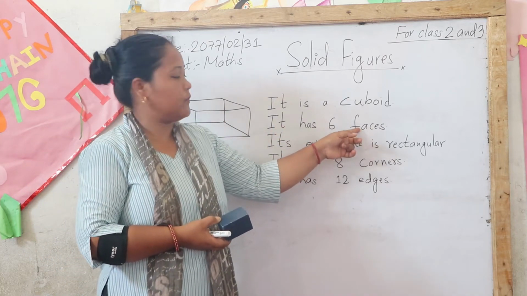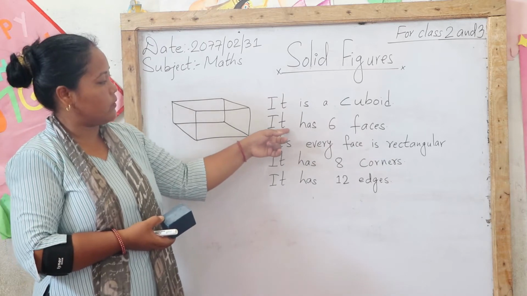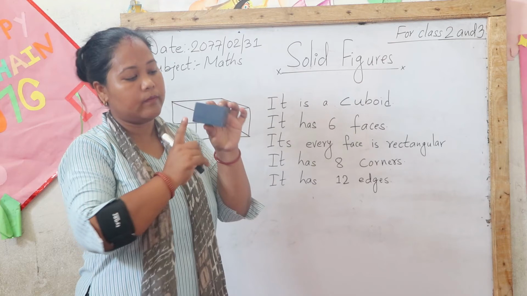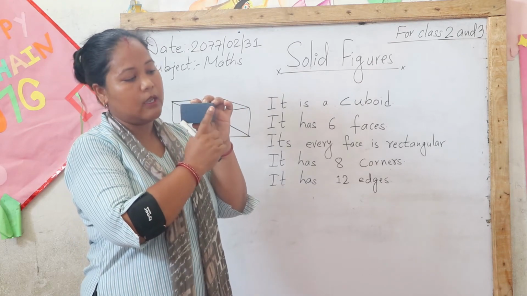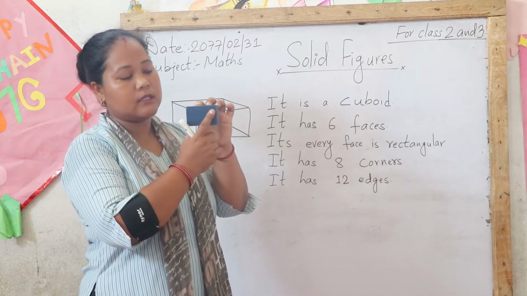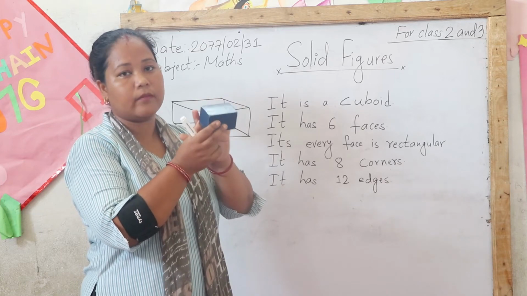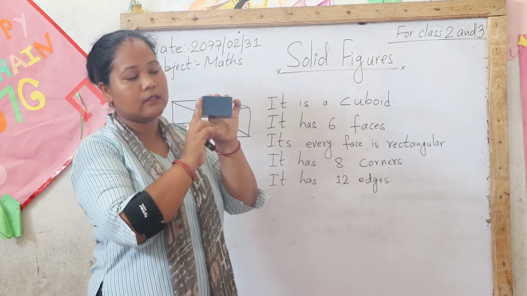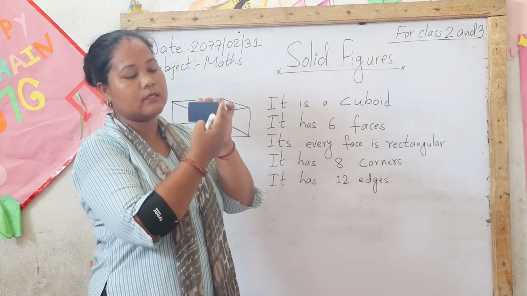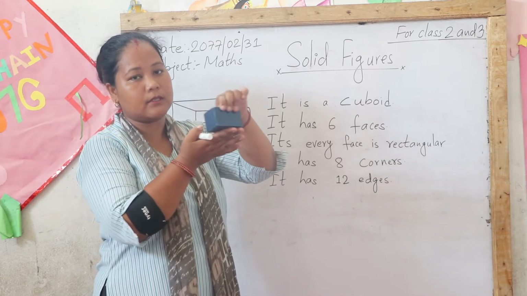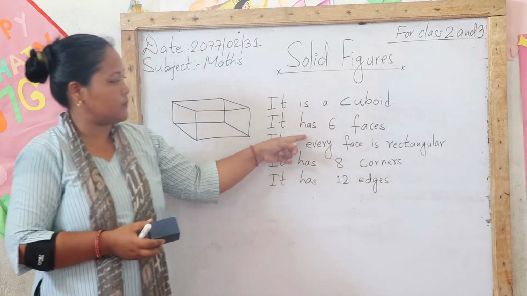Like in cube, in cuboid also 6 faces. Face 1, front and back. 2, side. 3, next side. 4, up. 5, and down. 6 faces. It has 6 faces.